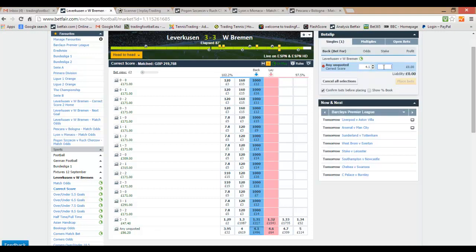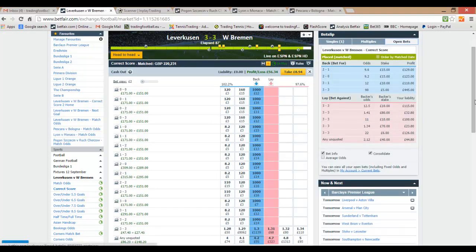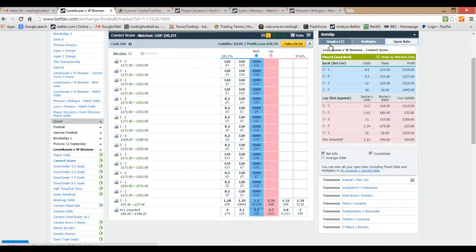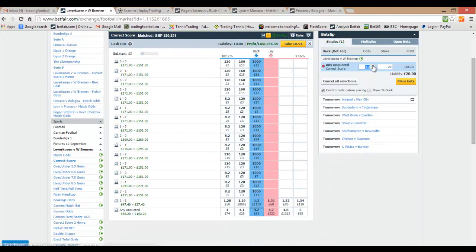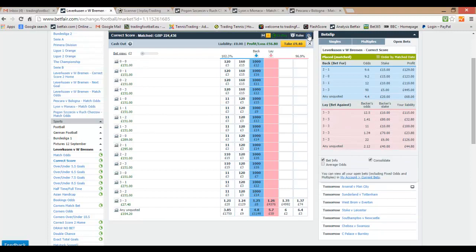So I can back any unquoted here, and a goal from either side would really put the icing on the cake. Backing any unquoted for £20 at 4.4. There it's matched. Now I've got £27.40 on 3-3 and £154 on any unquoted.